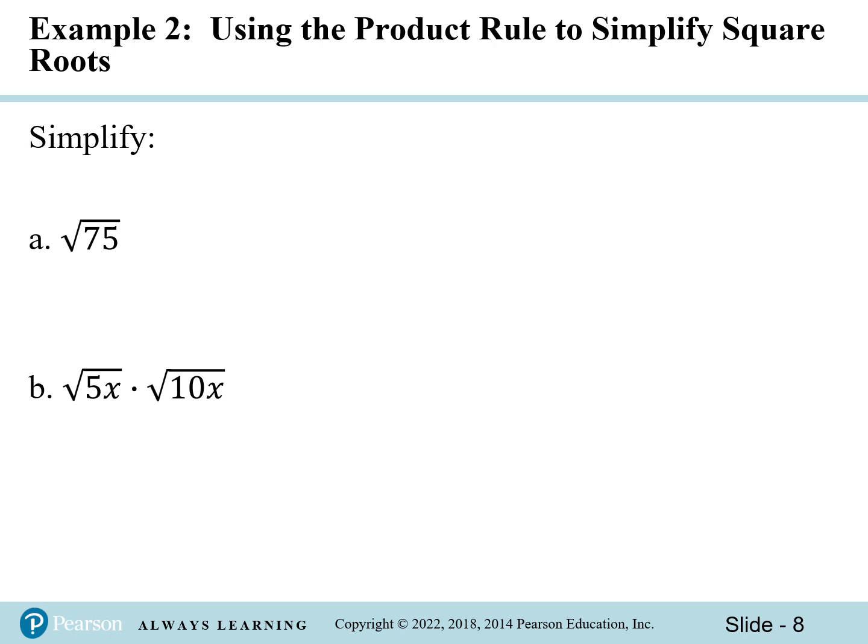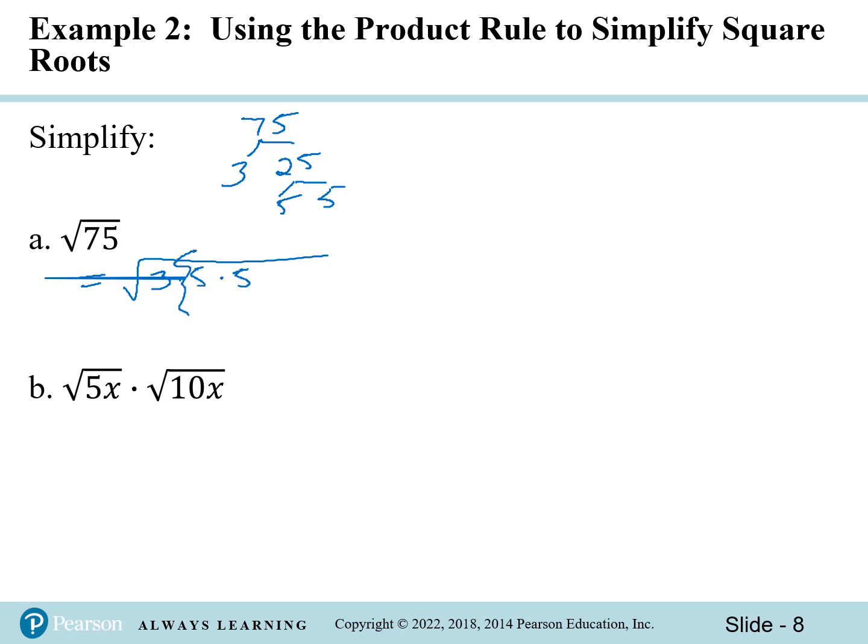So the first way we can do this is probably the easiest way, it does take a little bit more time, is to do the prime factorization of 75, meaning do a factor tree. And so you end up with the square root of 3 times 5 times 5.